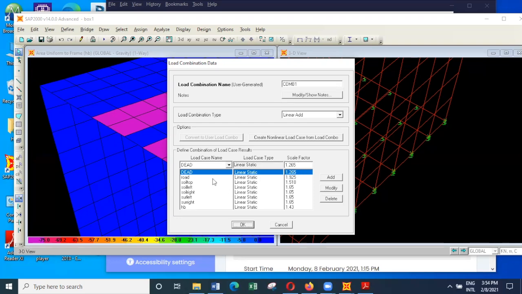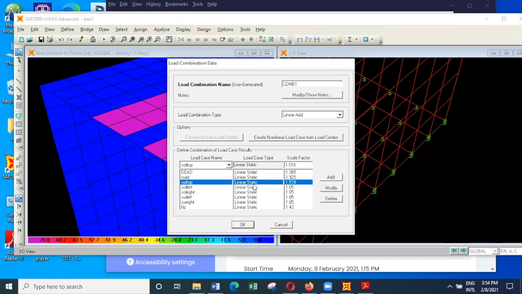Then for the weight of the road, I have considered 1.75 factor multiplied by 1.1. If the thickness of the road is more than 200 millimeters, I can actually use 1.2 as well, but I have used 1.75.